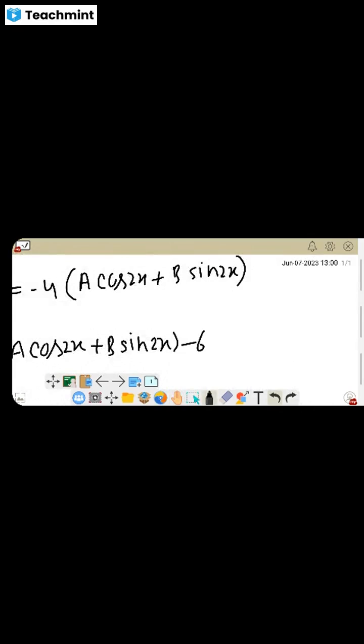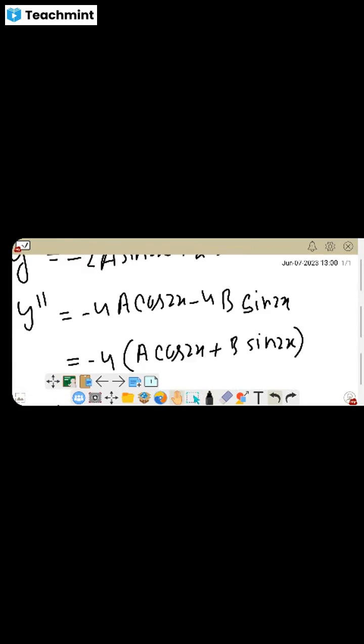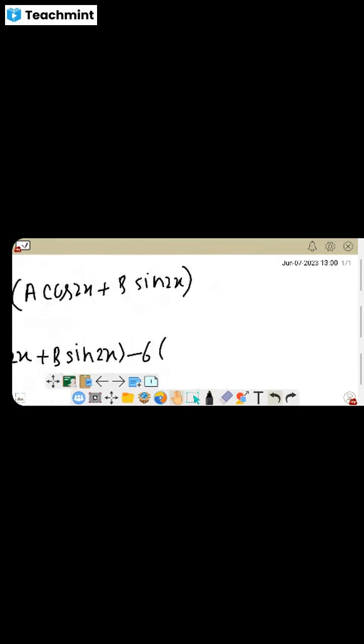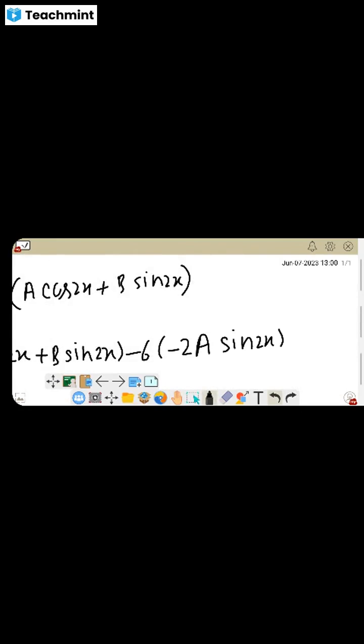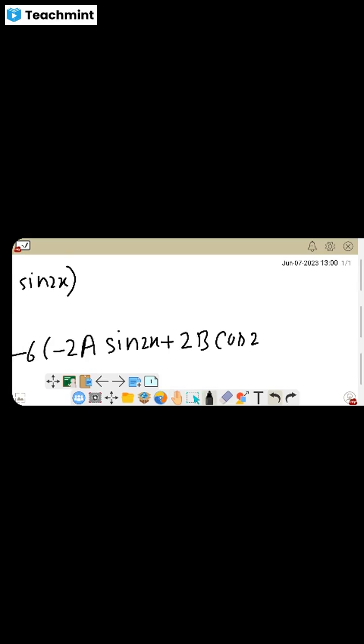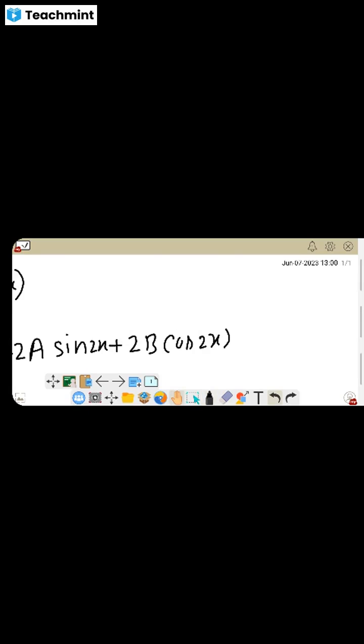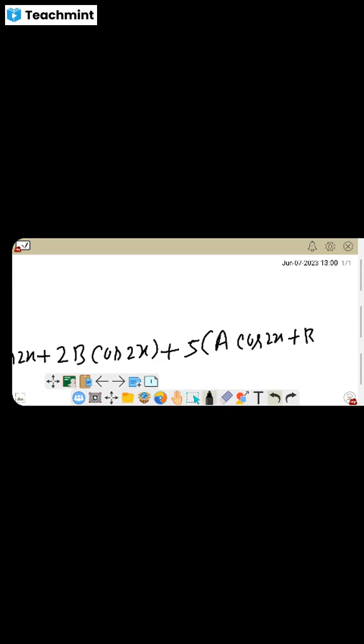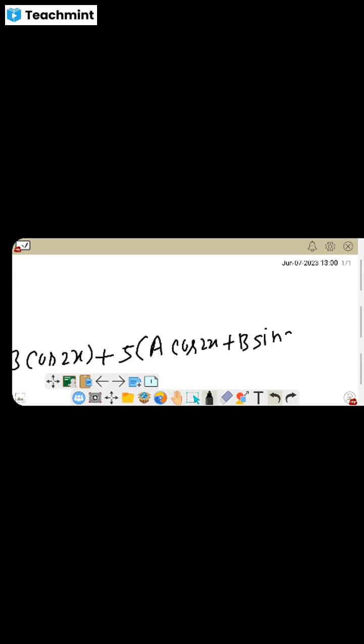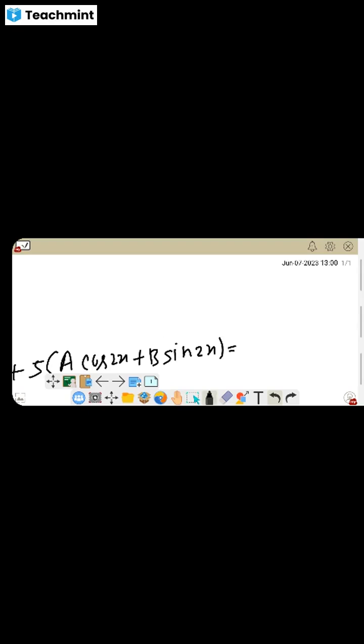Y dash is minus 2a sine 2x plus 2b cos 2x, and plus 5y. Y is a cos 2x plus b sine 2x, equal to cos 2x as we have on the right side.